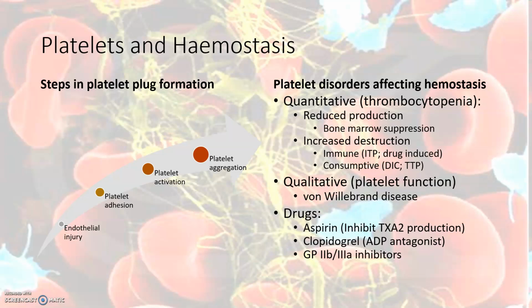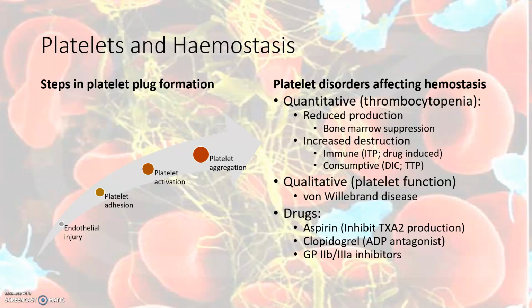Platelet plug formation follows a certain pattern. Endothelial injury then causes release of certain activation factors, as I said, specifically von Willebrand factor, which then leads to platelet adhesion and platelet activation.